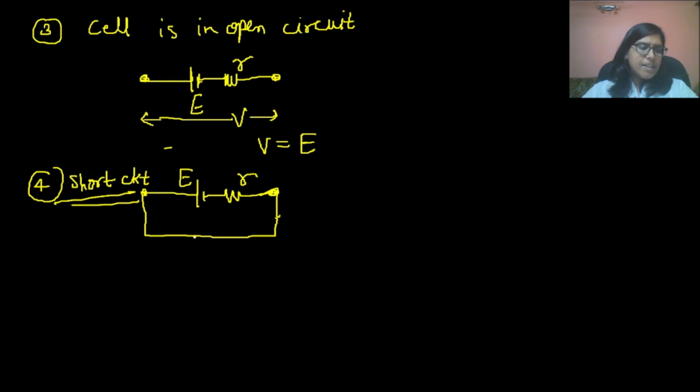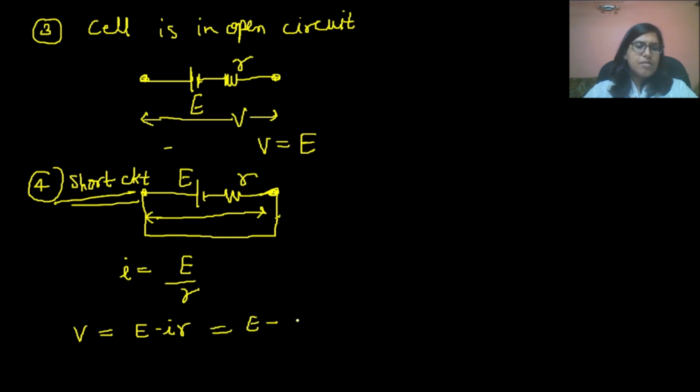So in this condition we can write the current in this circuit is E upon R. So voltage across this will be, if we write from here, E minus IR, and if you calculate this, E minus I equals E upon R into R, so this becomes 0. That means when the cell is short circuit, the voltage across the cell will be 0.